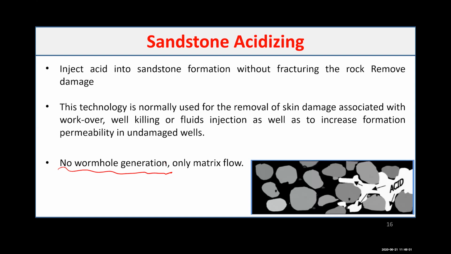In sandstone acidizing, usually the sandstone acid, or the HF, reacts with the grain surface and just enhances dissolving this part that I'm highlighting in red, improving the porosity and the permeability. And if there are any fines or particles causing the damage, HF will dissolve them, restoring your permeability to the original value.